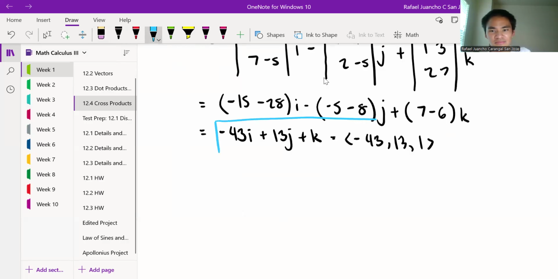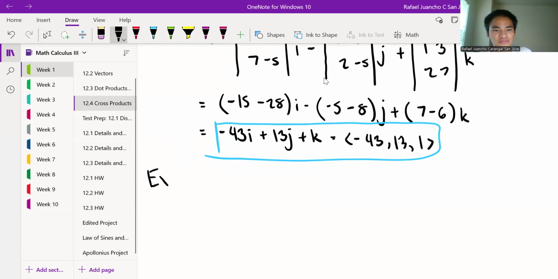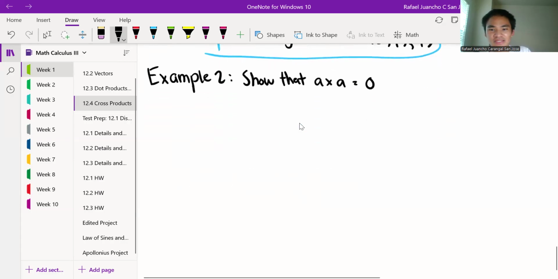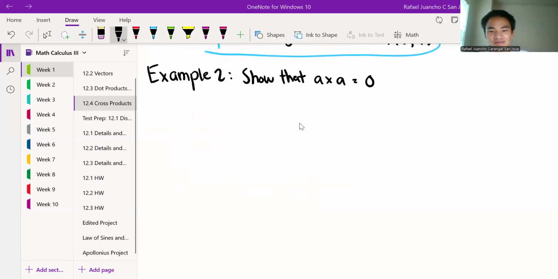Right. Moving on. Example 2. Just encircle this. So for this example, we're showing that the cross product of the same vector A and itself is 0 for any vector A in V3.